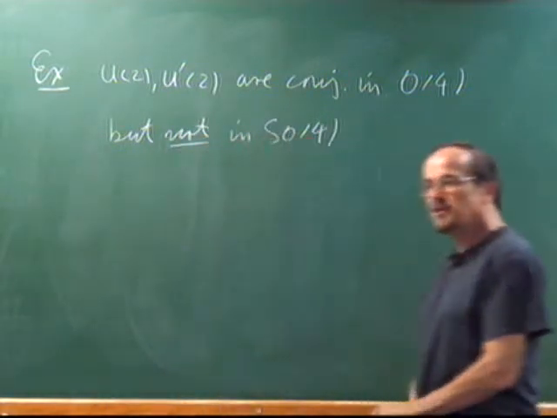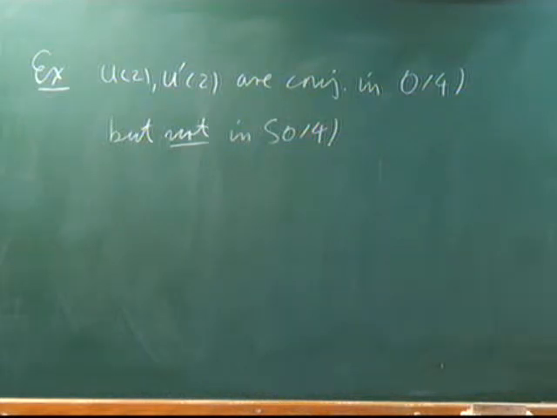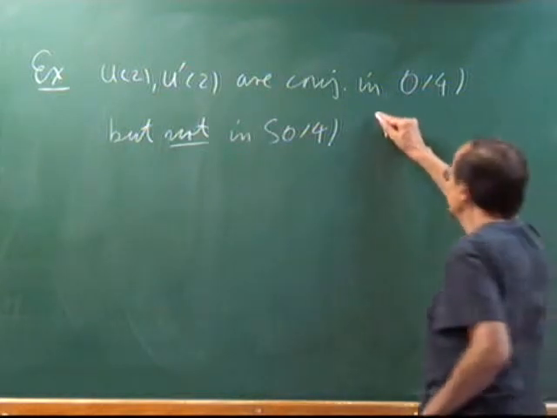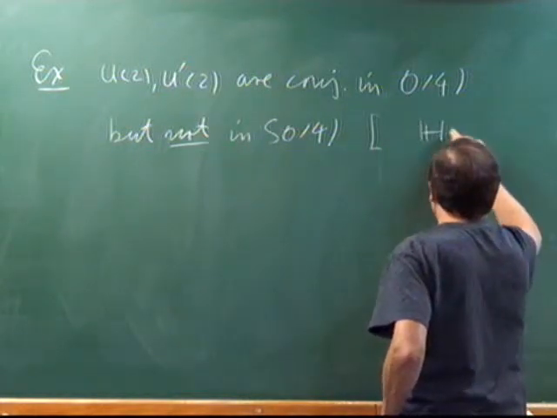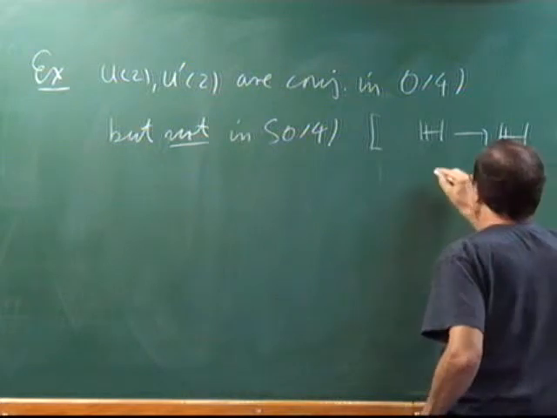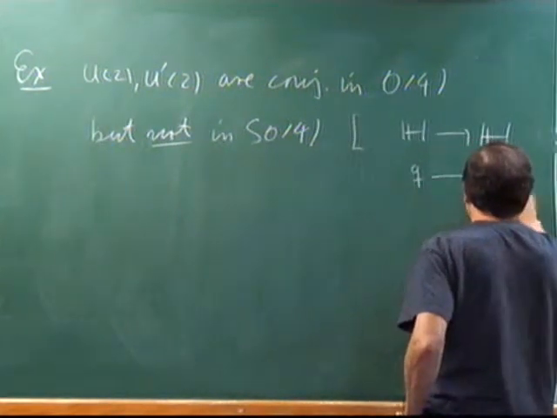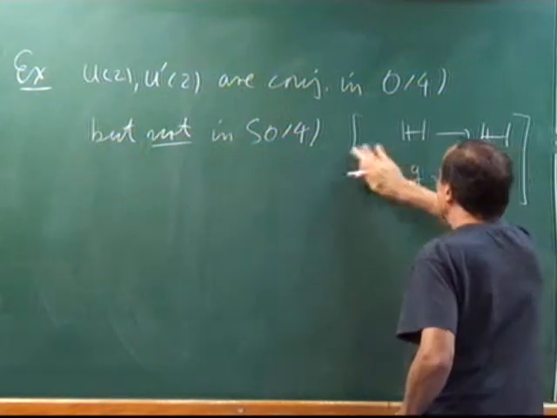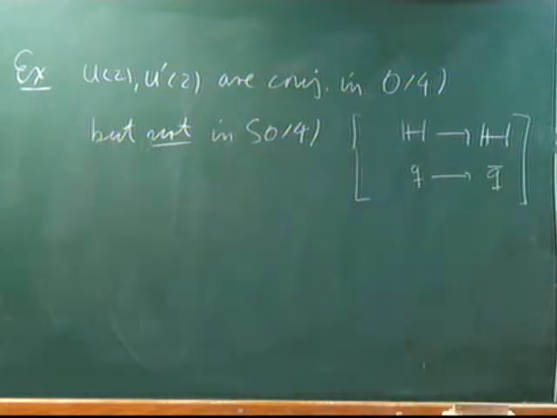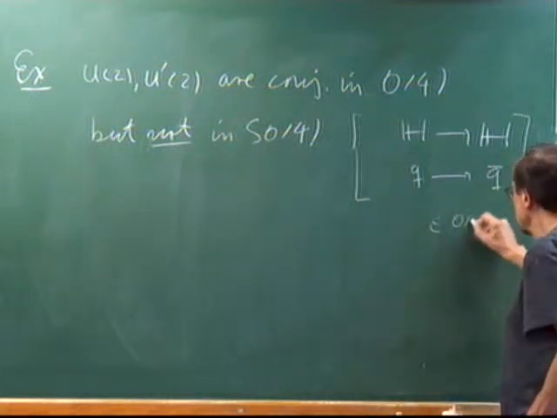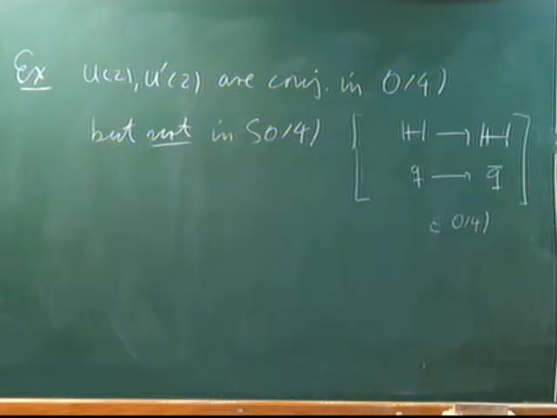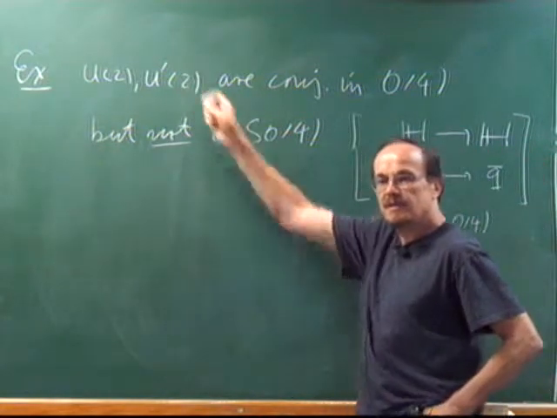So in that sense, there are really two different subgroups in SO4, although in O4 they're the same. So as a hint here, take the map from the quaternions to the quaternions, which takes Q to Q bar. So interpret that element as an element in O4, and the claim is that element conjugates this one to this one.